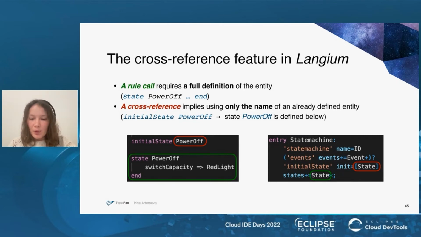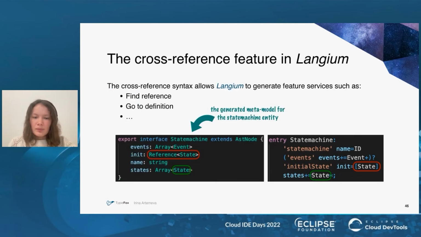We wanted at this moment to have only the name of some existing state that can be defined in any other place. But actually, if you want only a name, we could use just an identifier at this moment for parsing. Yes, it's true. But an identifier has less functionality than the cross-reference can provide.